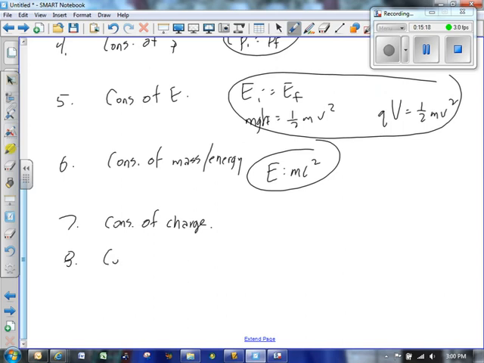Conservation of nucleons. What's a nucleon? A nucleon is a proton or a neutron. So conservation of nucleons would apply when we have a nuclear equation. Right? We're trying to balance a nuclear equation. And principle number 9, wave-particle duality.